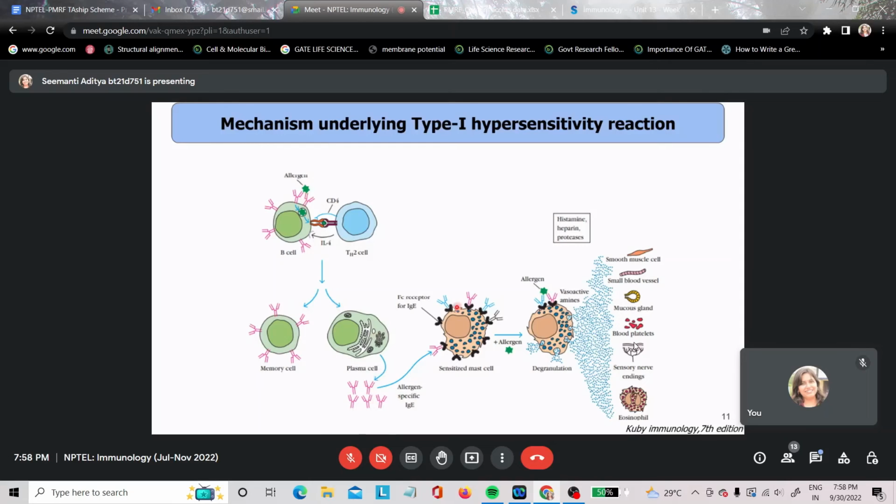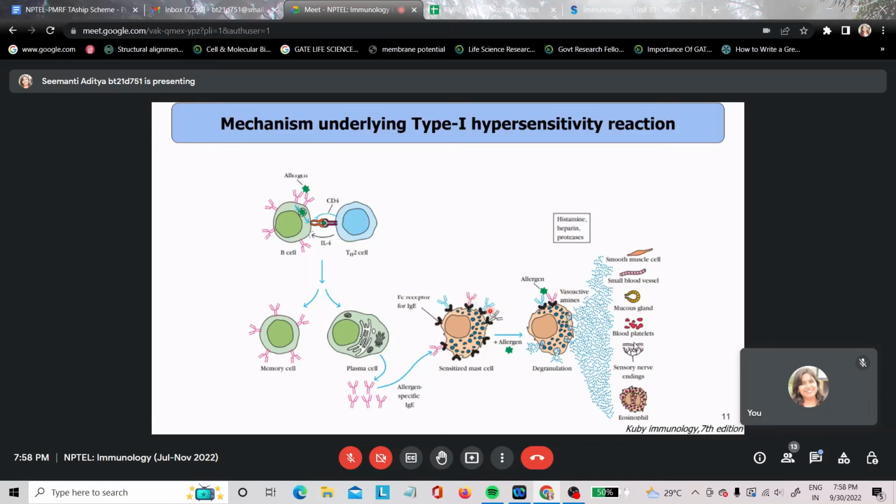This IgE antibody will bind to Fc receptors present on the sensitized mast cell. Once the allergen is in the blood, when the allergen binds to this IgE which is already bound to the mast cell, the IgE will show cross-linking.